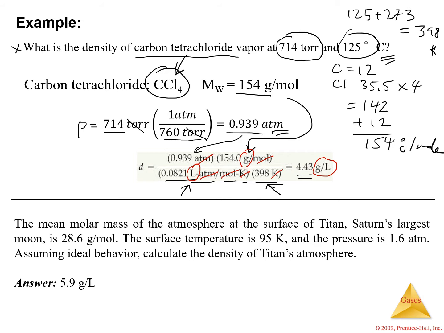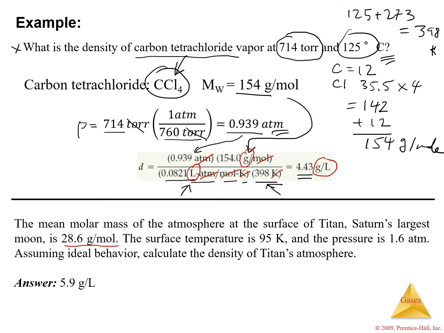Now, down here you have another problem, as a practice problem, where the mean molar mass of the atmosphere at the surface of Titan, Saturn's largest moon, is about that much.